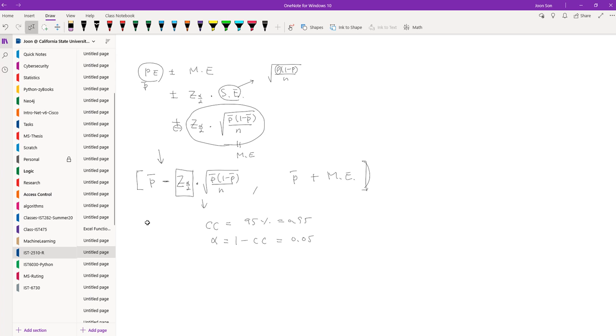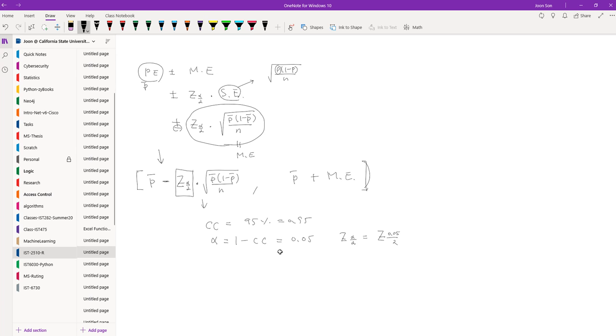Using the Excel spreadsheet, what we need to find is this Z value, Z alpha divided by 2, which is Z 0.05 divided by 2, because for the confidence level we're always talking about the two-tailed case.